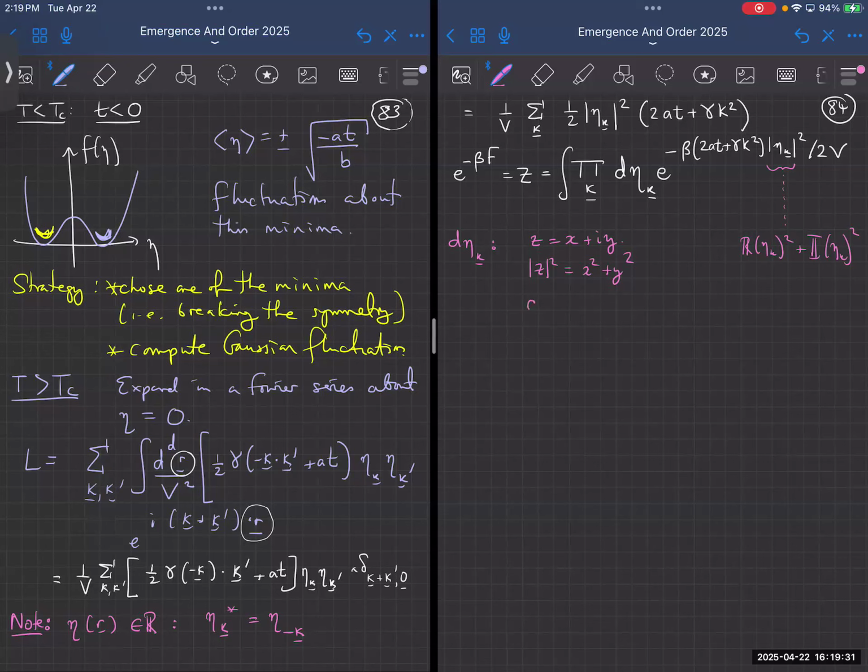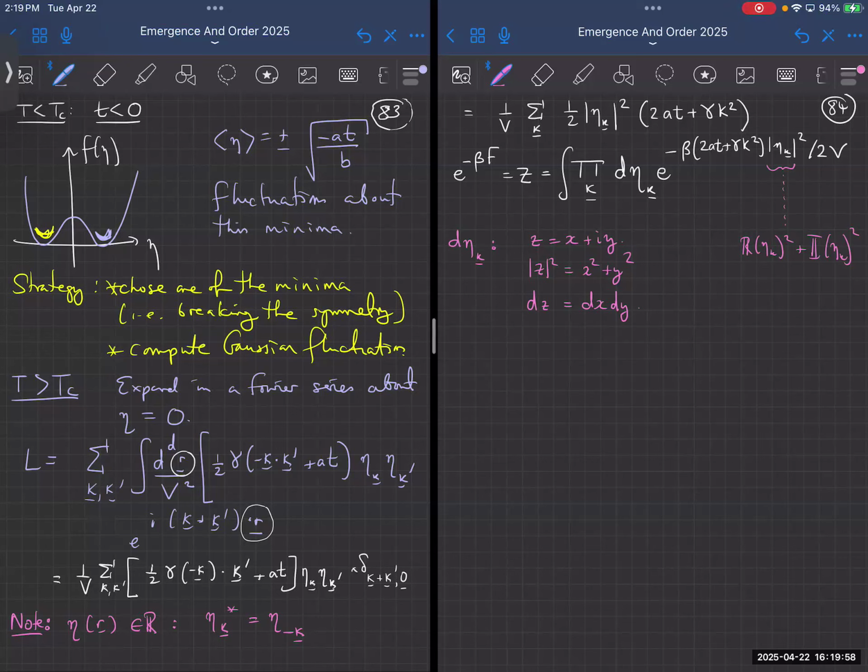But when I write down dz, what I actually mean is dx dy. In other words, the real part of eta times d imaginary part. So when I write down these integrals, I'm actually integrating over twice as many degrees of freedom as you might think, because I've got the real part and the imaginary part. Okay, so that's the first thing.